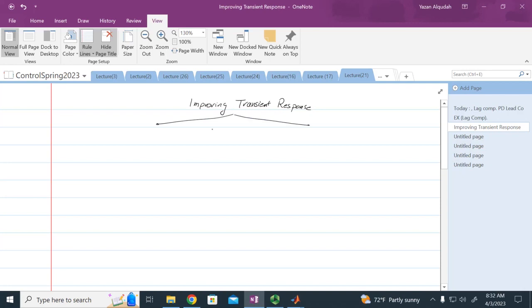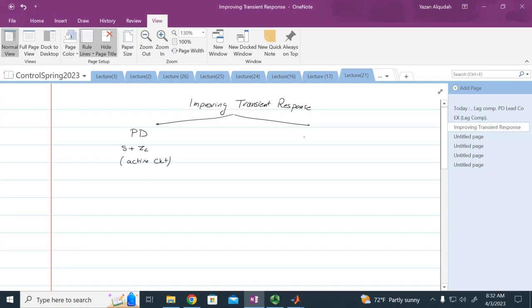As we said at the beginning, we're going to be looking at the PD compensator, which has a transfer function that is S plus ZC. It does not have a pole, it just has a zero, and this uses an active circuit.